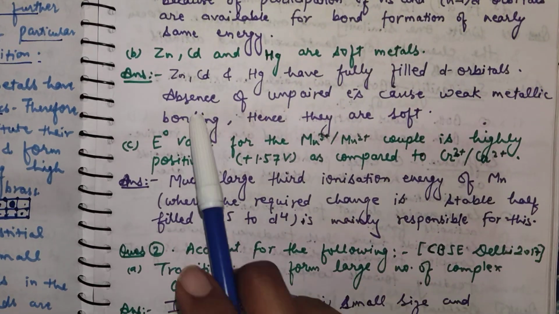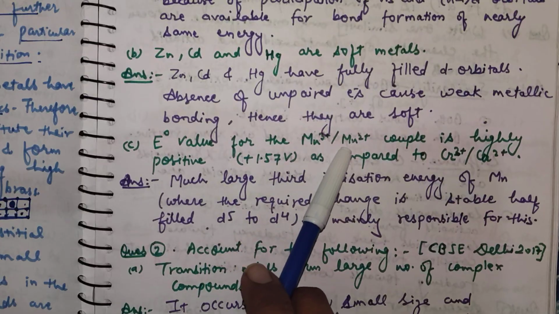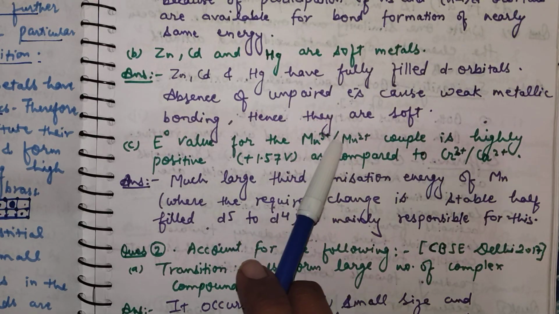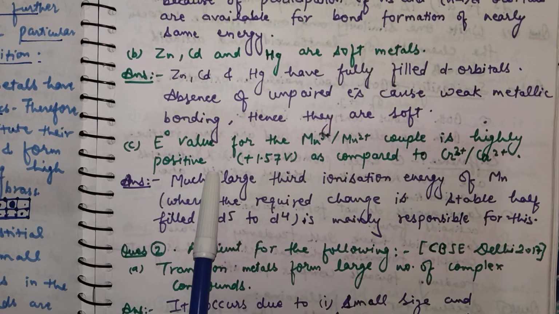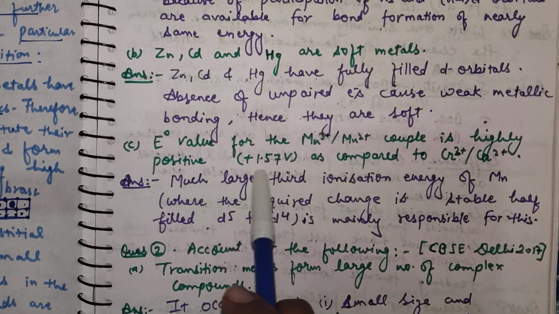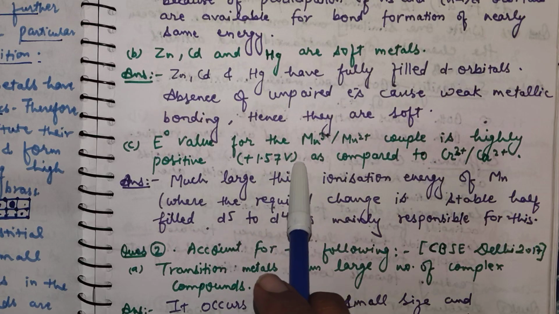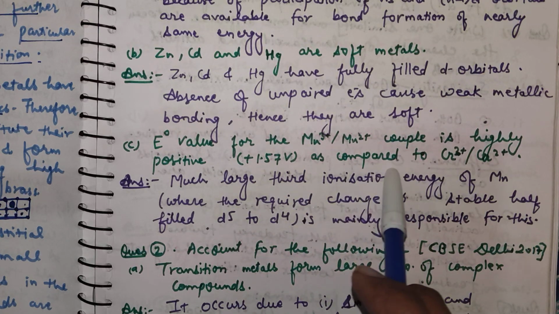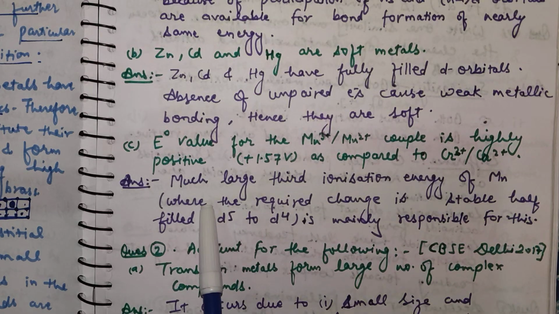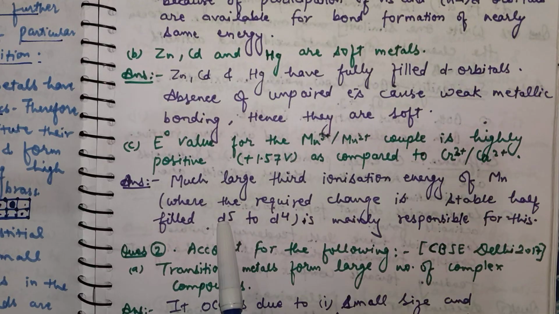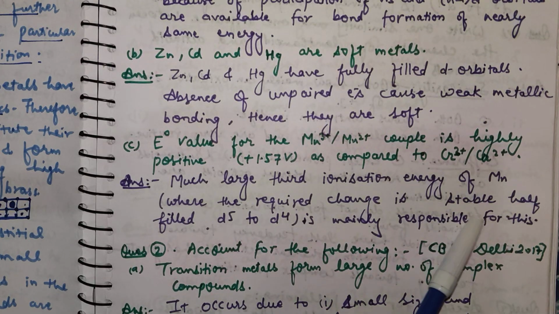So now next question, E naught value for the manganese Mn3+ to Mn2+ couple is highly positive. These have an electrode potential of about +1.57 volt as compared to chromium Cr3+ to Cr2+. The reason is the much larger third ionization energy of manganese, where the required change is from stable half filled d5 to d4.